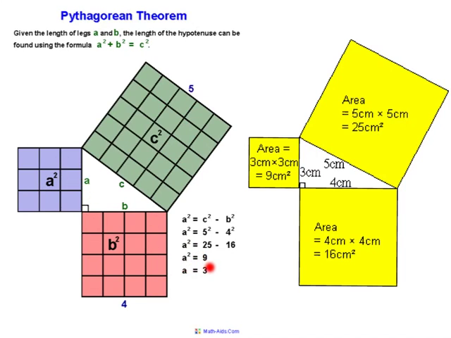If we square A we get 9, B squared, 4 squared, is 16, and 9 plus 16 is 25. 5 squared is just that, 25. So if this is 3, and this is 4, then this is going to be 5. This shows it in just another way here, but you've got 3, 4, and 5.